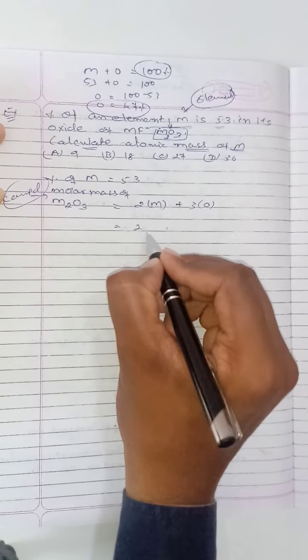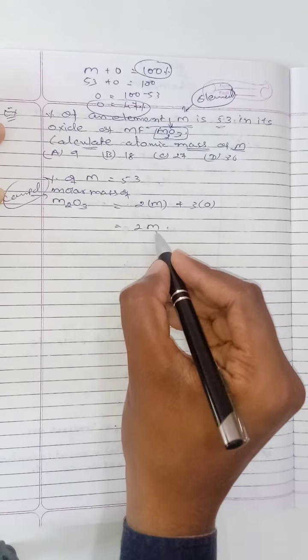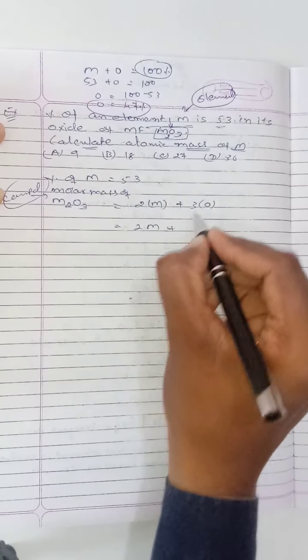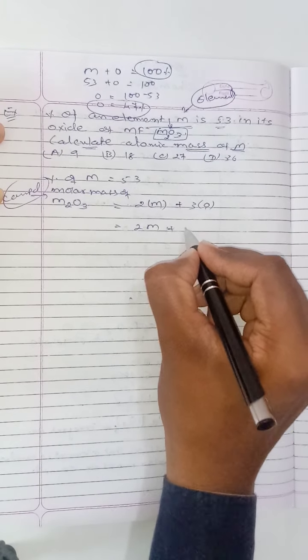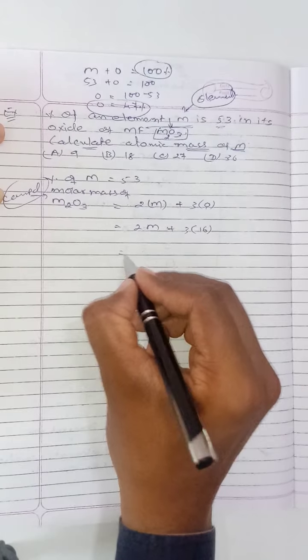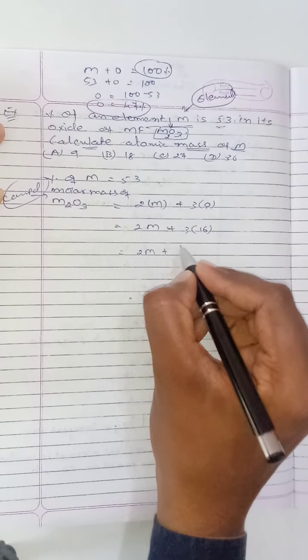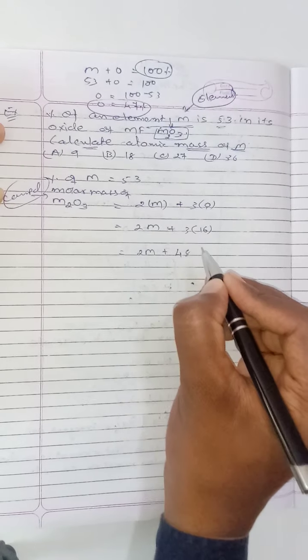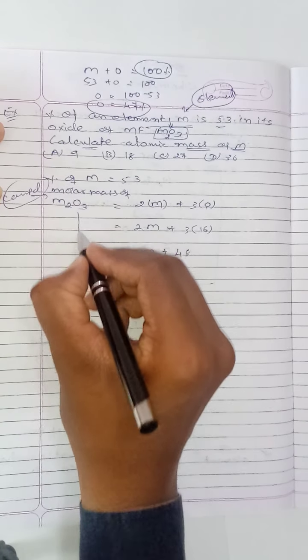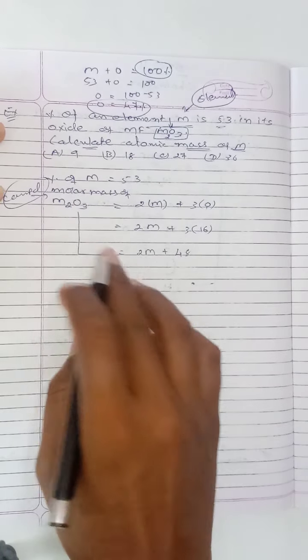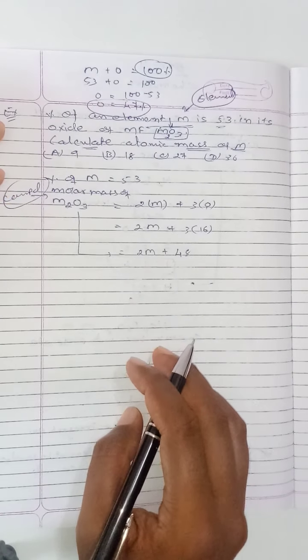Atomic mass of M we have no data, that's why we write M. For oxygen, atomic mass is 16, so twice M plus 3 multiplied by 16, that is 48. So the molar mass of M2O3 is 2M plus 48.